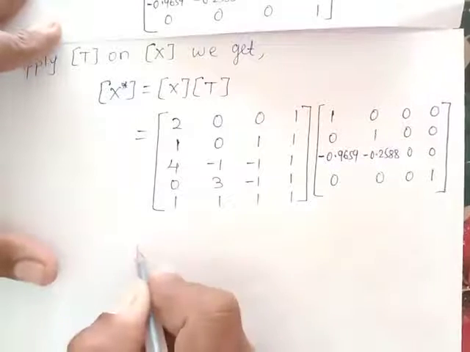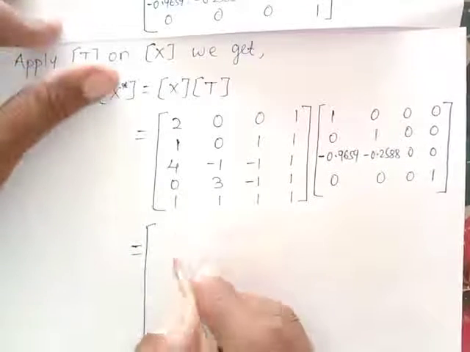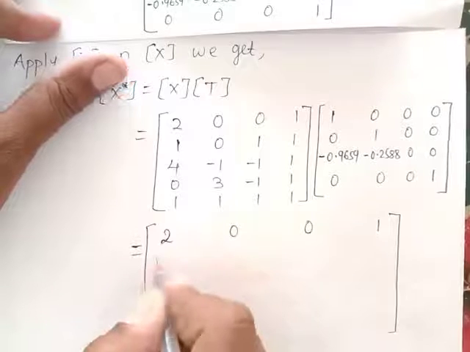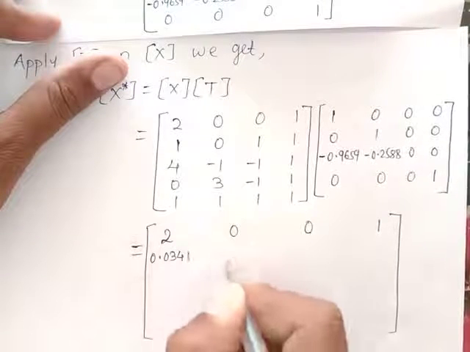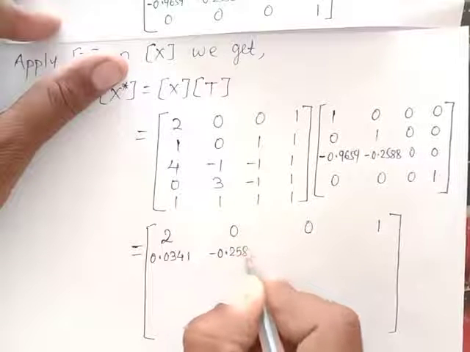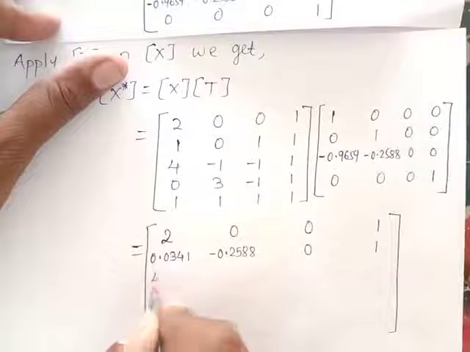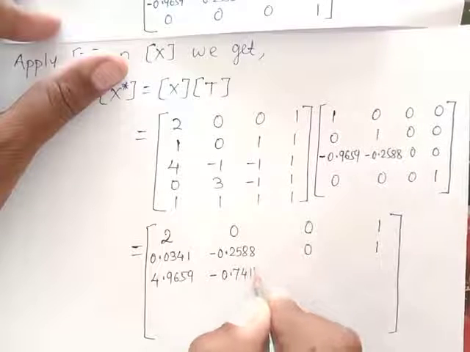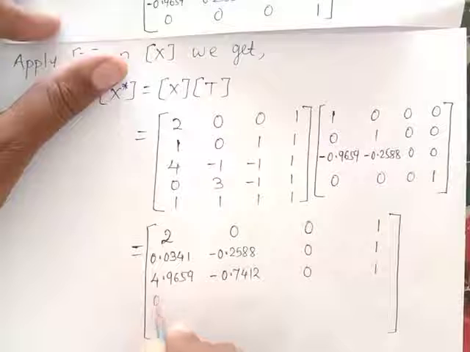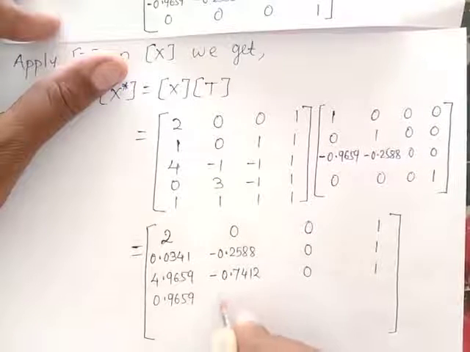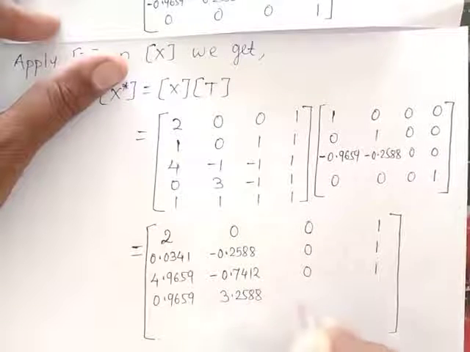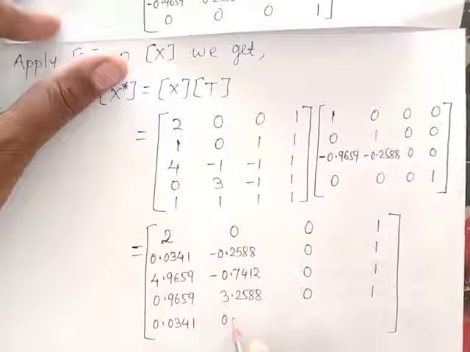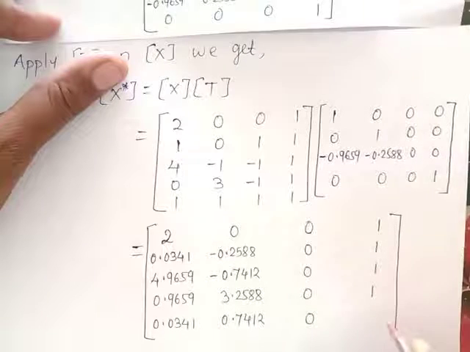So now, what was the answer? It will be 2, 0, 0, 1; 0.0341, minus 0.2588, 0, 1; 4.9659, minus 0.7412, 0, 1; 0.9659, 3.2588, 0, 1; 0.0341, 0.7412, 0, 1.